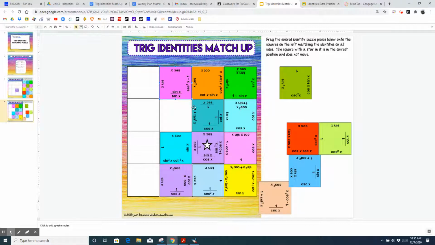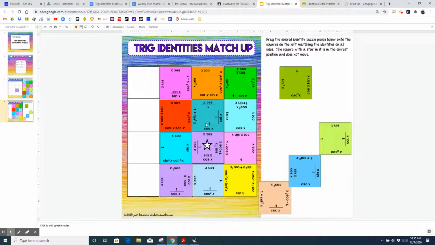Tangent of x is sine over cosine, so if we flip and multiply, we get sine times cosine over sine, and the sines will cancel out. So I'm looking for cosine, and that fits nicely because then I get secant squared is equal to 1 plus tangent squared, but this bottom part doesn't match up. So I'm not really sure what to do about that.